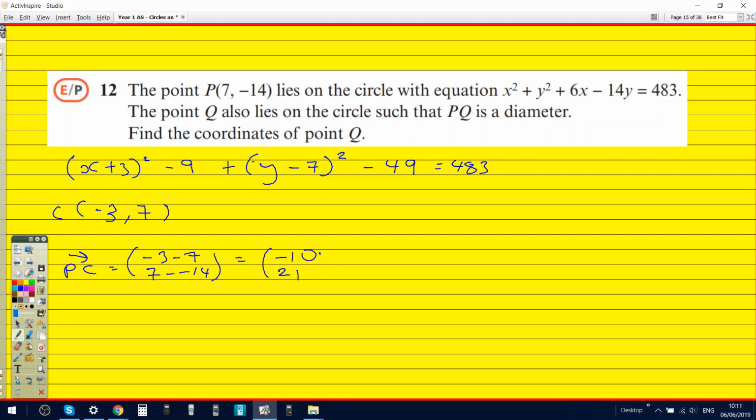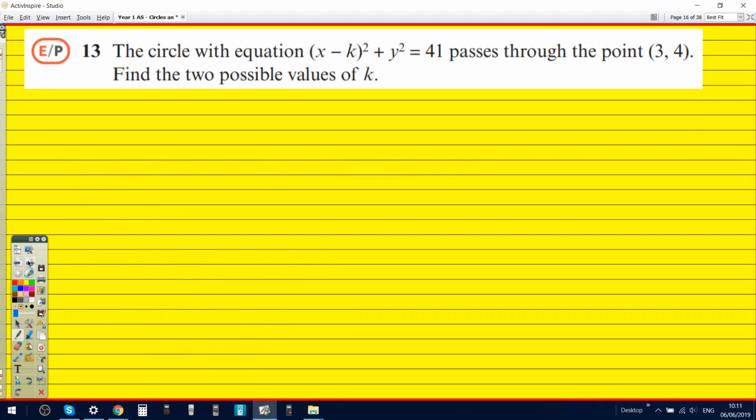So to get to point Q, we minus 10 from the centre and add 21 again. So we'll get minus 13, 28. Yep, minus 13, 28. Great. Okay, this is good stuff.